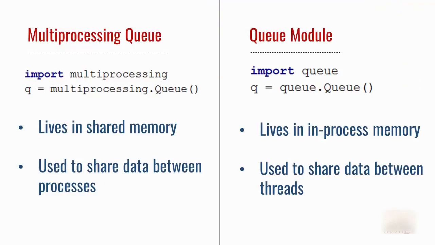For multiprocessing queue, in order to use that, you will say multiprocessing.Queue, versus for the queue module you will import the queue module and then you will say queue.Queue. The other difference is multiprocessing queue is used to share data between processes, whereas the queue module is used to share data between threads. So these are the two key differences.